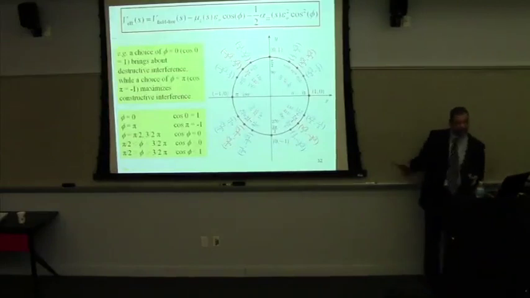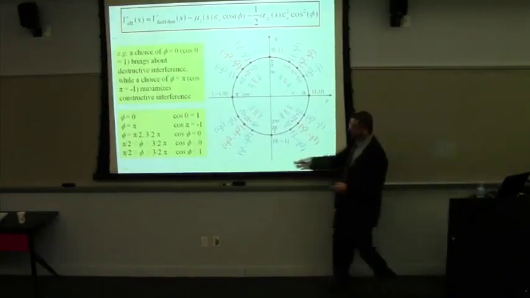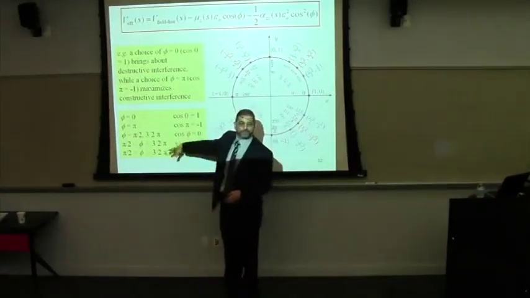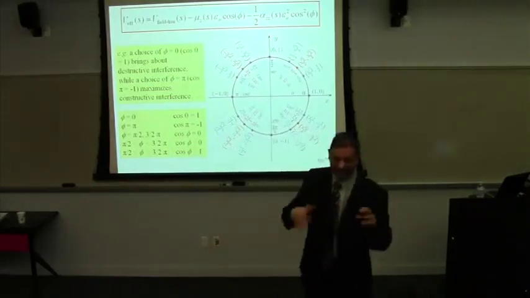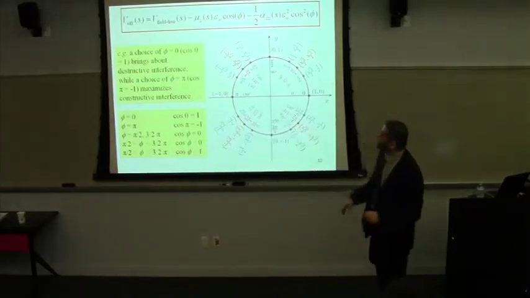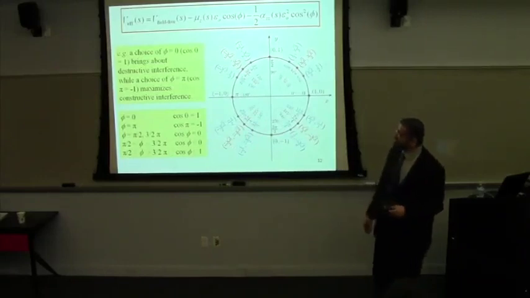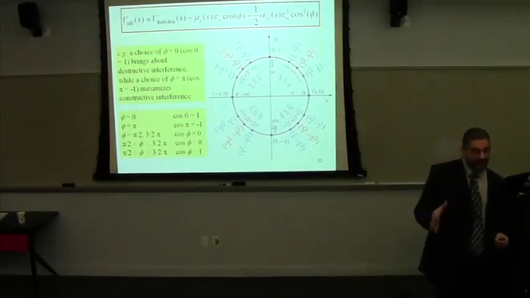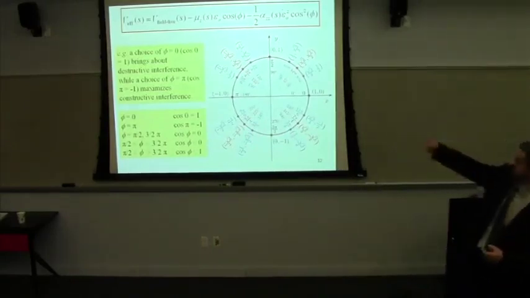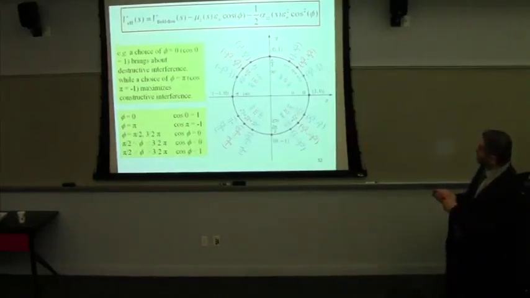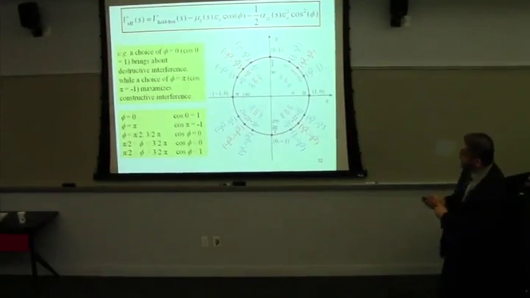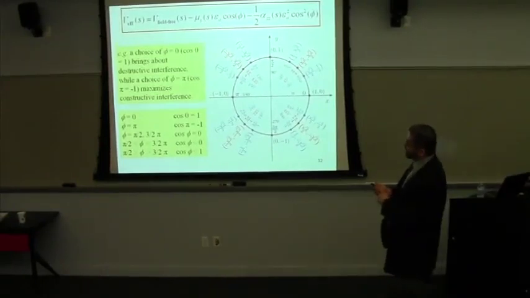I'm sorry, this is a reminder for me, because I can never remember which one is zero, which one is pi. So it's not for you, it's for me. So here, let's pick a phi of 0. Cosine 0 is 1. So plug in 1 here, plug in 1 there, and you have a destructive interference.